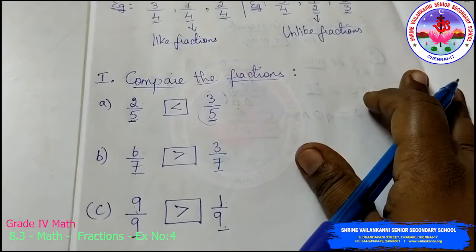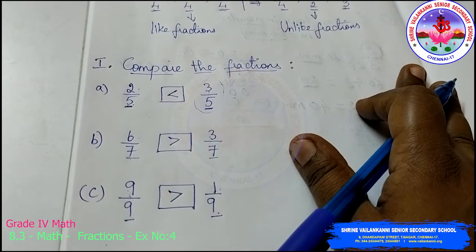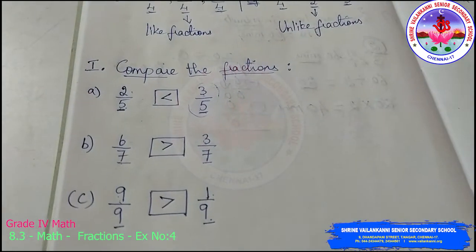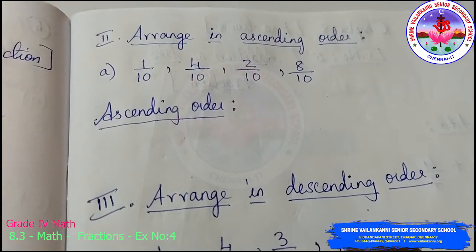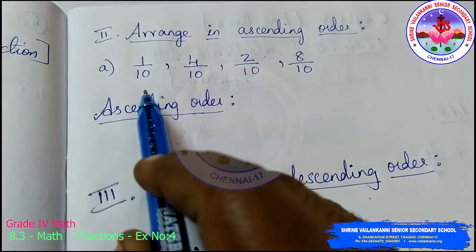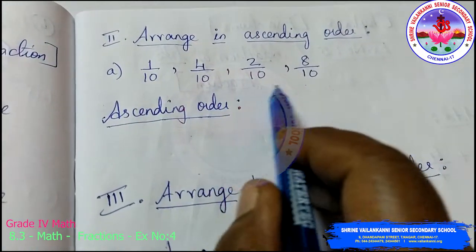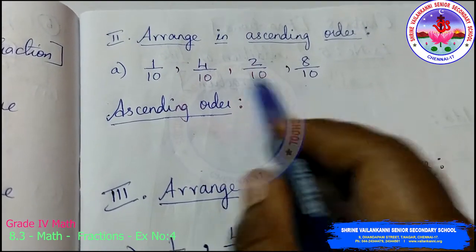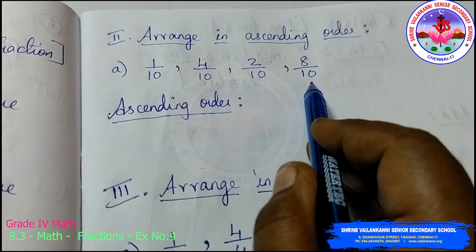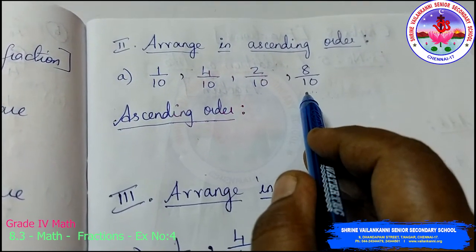Okay. So we'll see how to arrange like fractions in ascending order and descending order. Here I have written an example: arrange in ascending order. For this, 4 fractions are given with all the denominators the same. When all the denominators are the same value, it is said to be like fraction. So we are going to arrange the like fractions in ascending order.